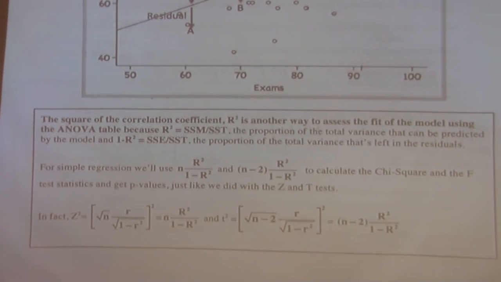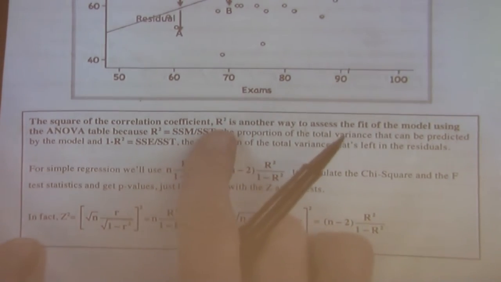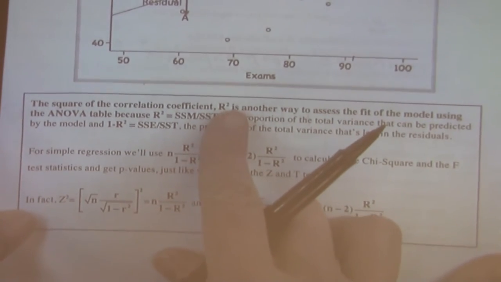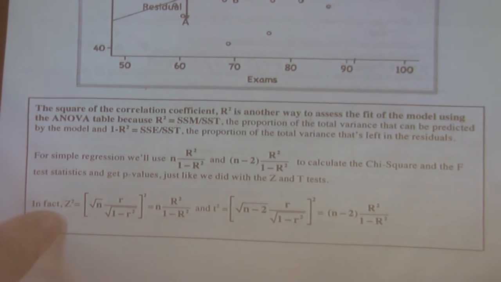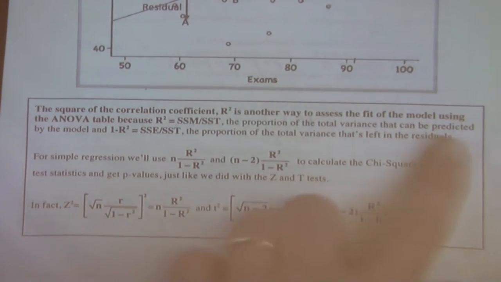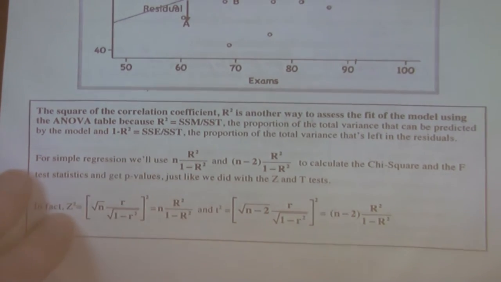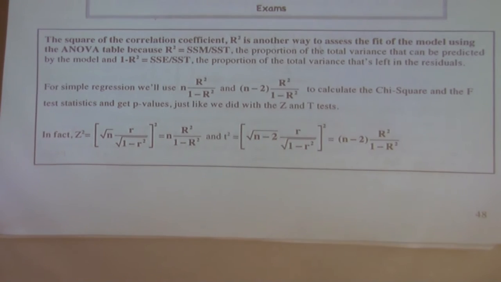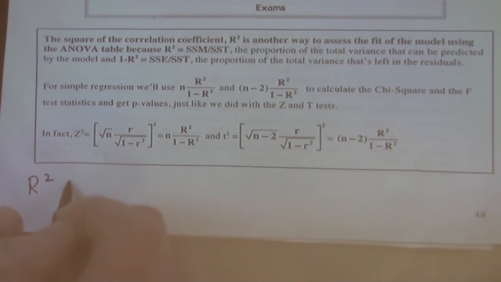So, one thing that I talked about before was this R squared. And you've probably heard, and we talked about it before, it is the proportion of the variability of the y's that's explained or predicted by the model. And 1 minus R squared is the part that's left in the errors, right? So the way that you can think about it now, in terms of partitioning the variability of the y's, is that we have this R squared plus 1 minus R squared.